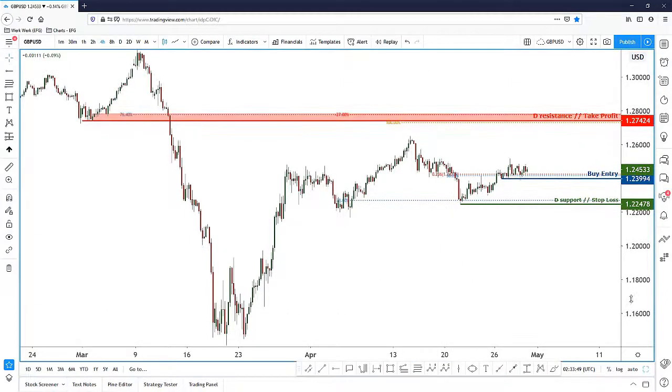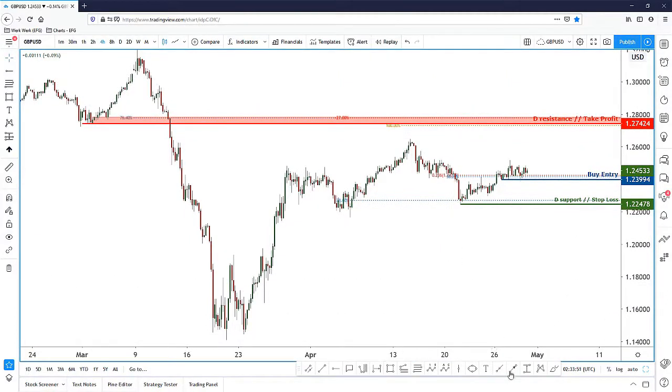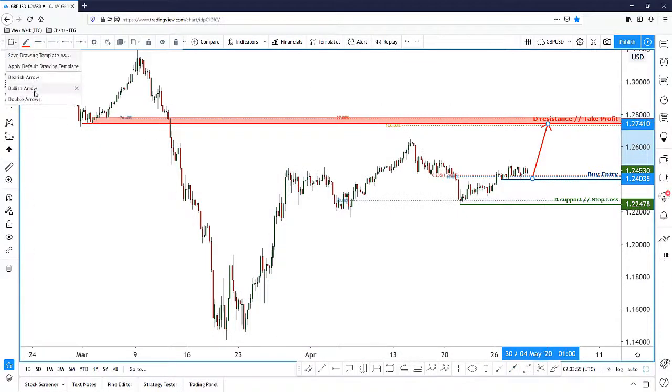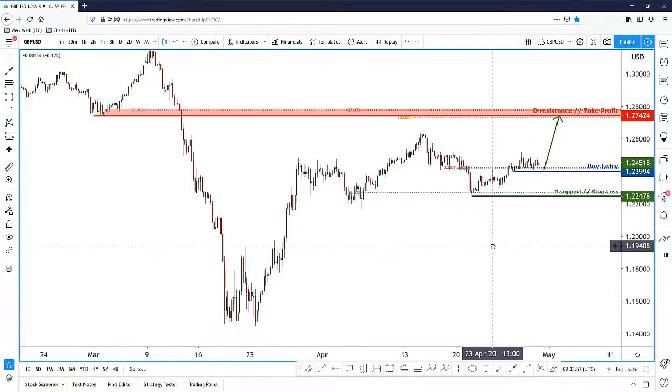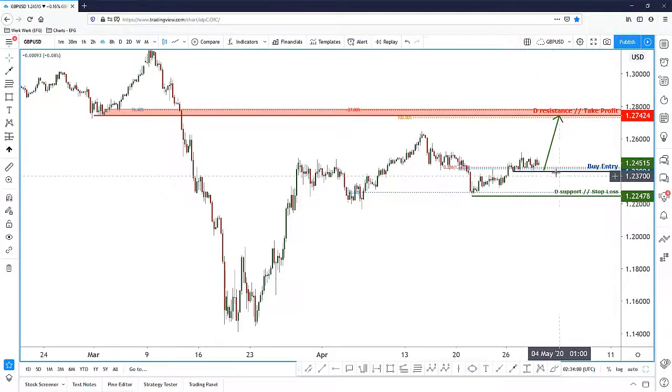Okay. So what we have here for the pound dollar is really to buy at the 1.23994 level, and then we play a push up to the 1.27424 level, the daily resistance.